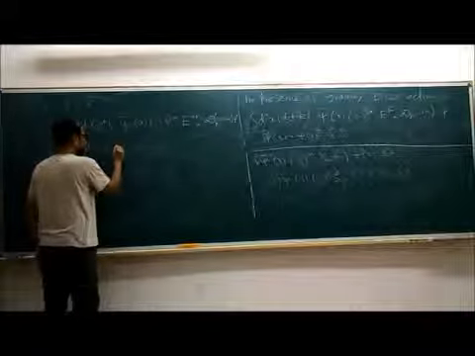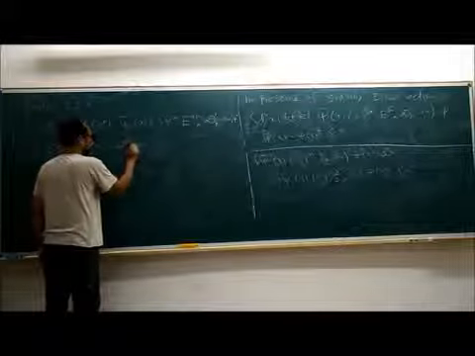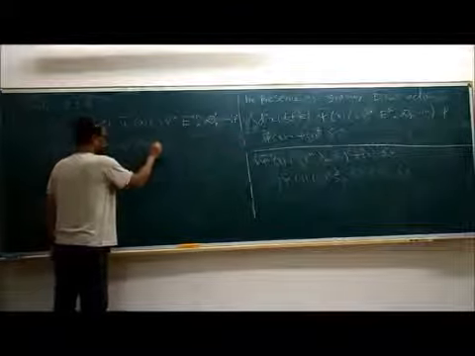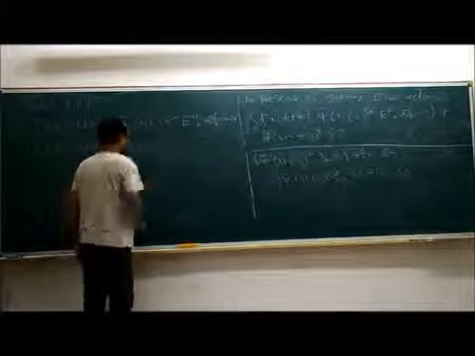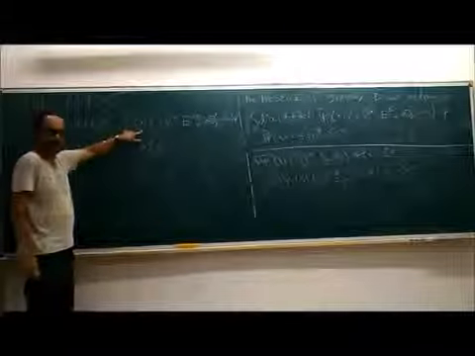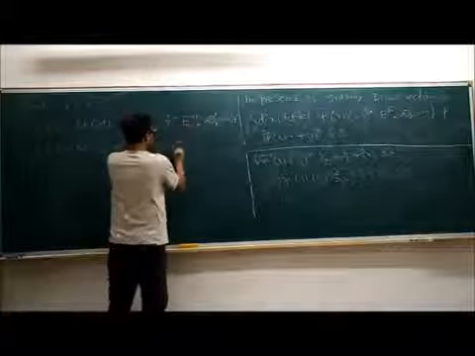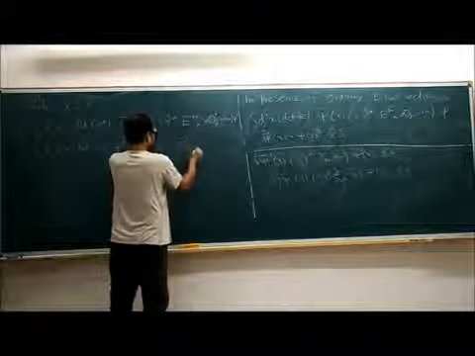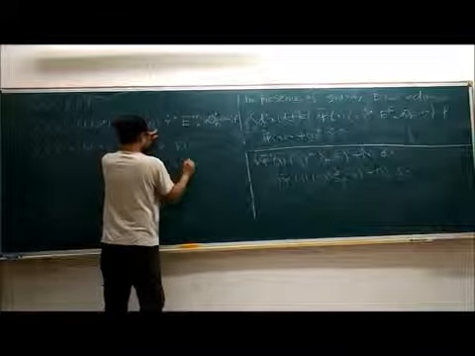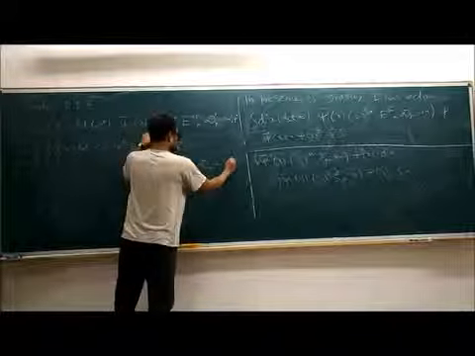Psi bar double prime is psi dagger lambda dagger gamma hat naught, because psi bar double prime is psi double prime dagger times gamma hat naught. This one we have already seen is given by R lambda times (i gamma hat^A e_A^mu del_mu minus m) psi.